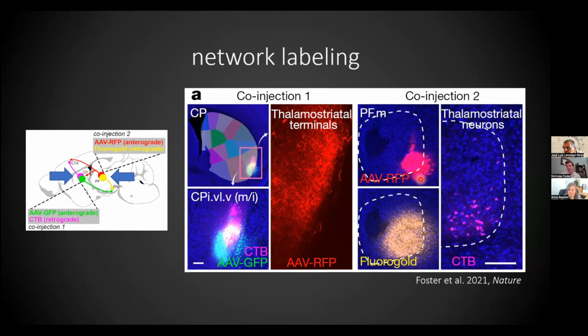In this case, rather than use BDA, I opted for AAV RFP because it works better in my hands than BDA does. But you can't mix AAVs with Fluorogold because the Fluorogold will kill the virus. So I had to inject these separately, but just targeting the same region.